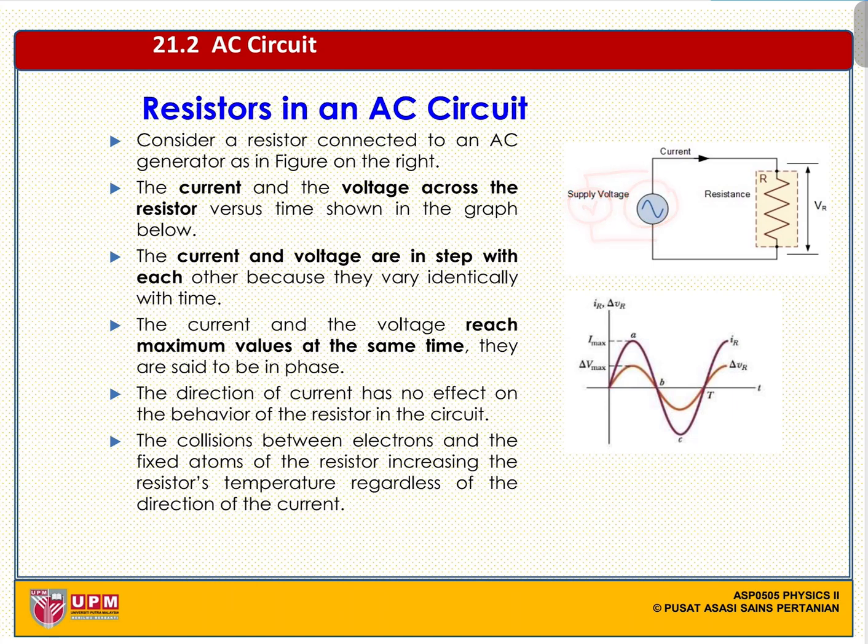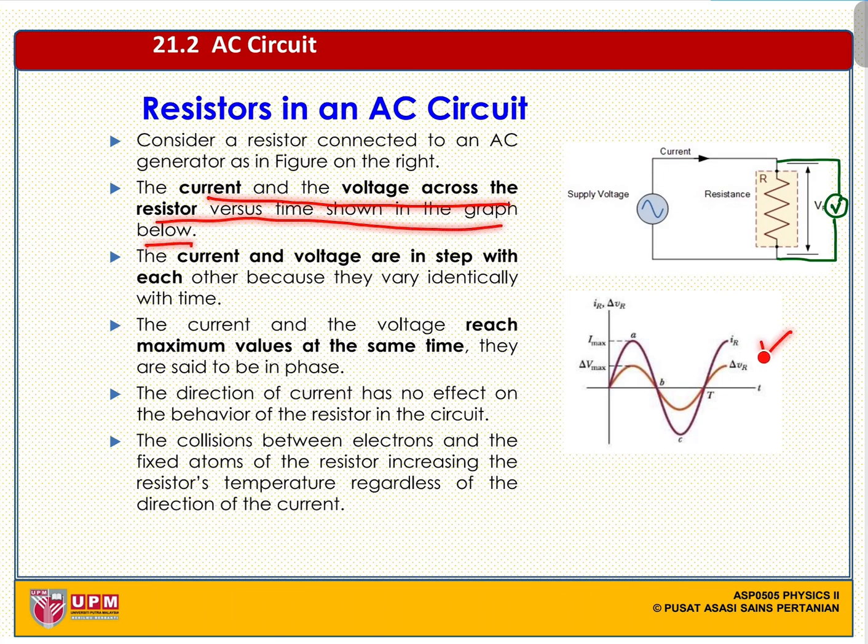But now kita nak baca voltage across the what we call the resistor. Voltage across resistor. Kita sambungkan voltmeter here dan kita pun baca this voltmeter. So this one, the current and the voltage across the resistor versus time shown in the graph below.